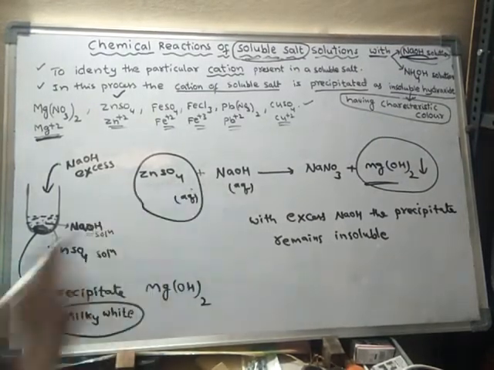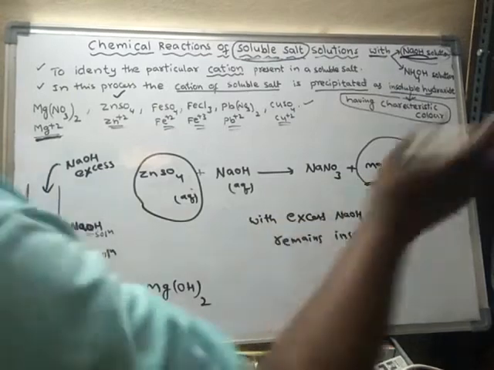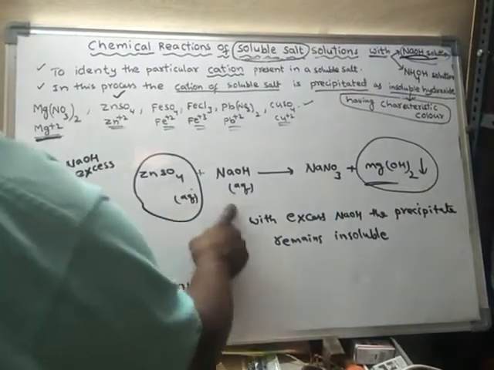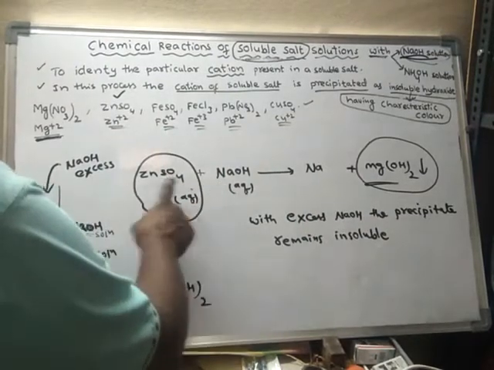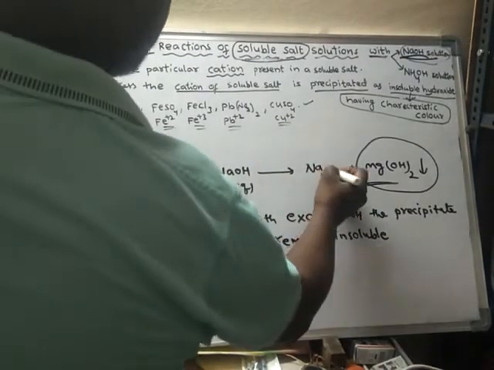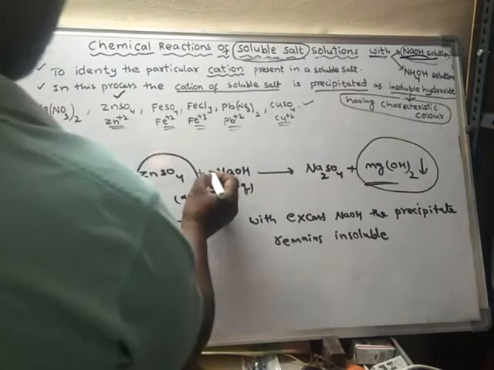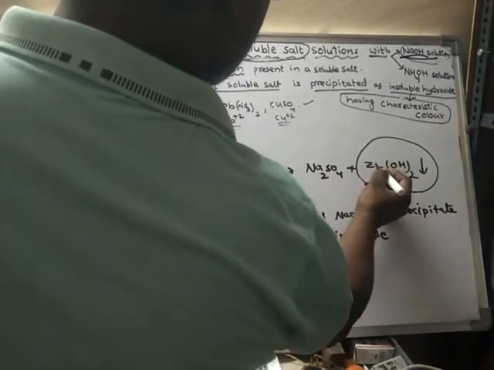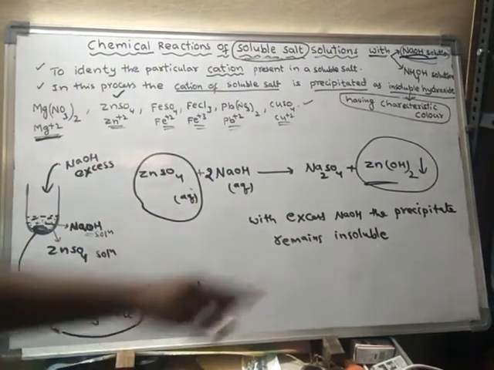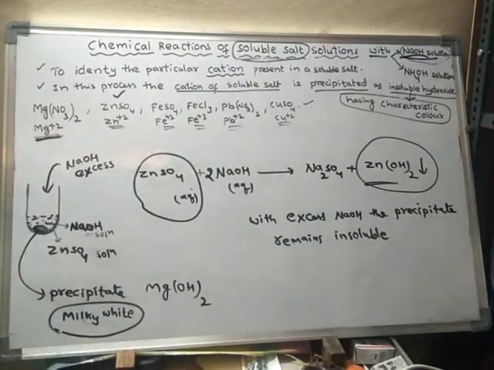When these two solutions are mixed, a reaction takes place between these two. Sodium will combine with sulfate to form sodium sulfate, and zinc hydroxide will form. This zinc hydroxide is also a precipitate.